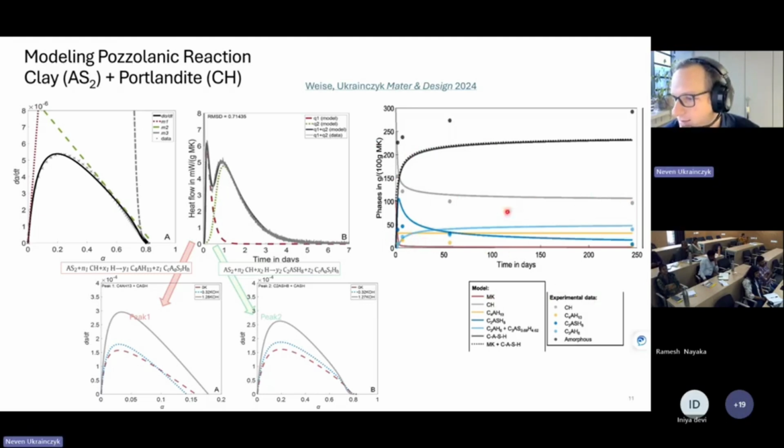And she validated this by XRD, Rietveld refinement, and TGA measurements. I think those are mostly from XRD. And we did also EDS, chemical composition.